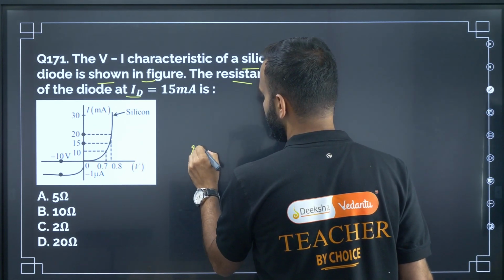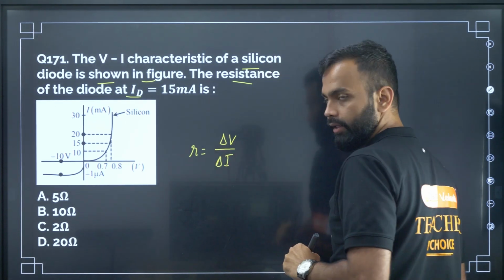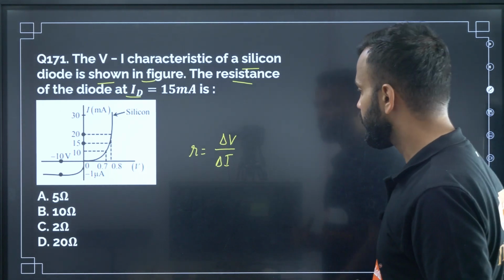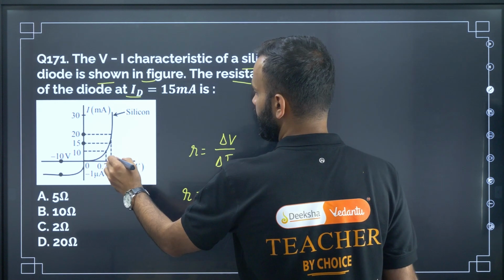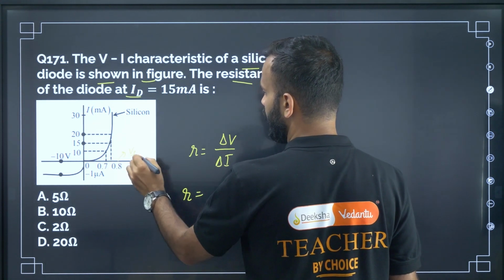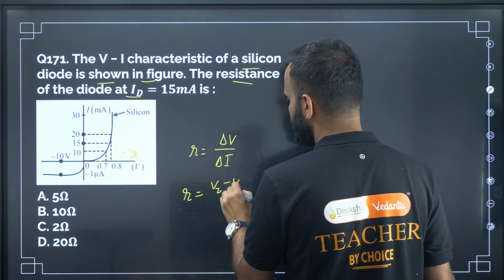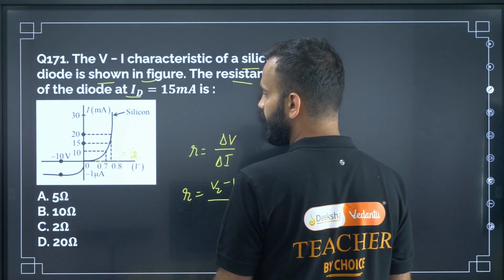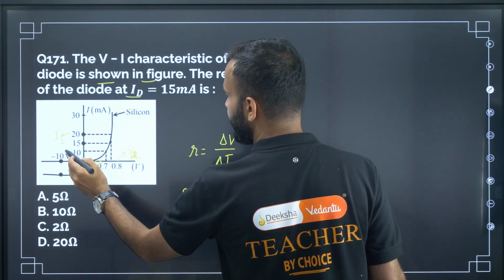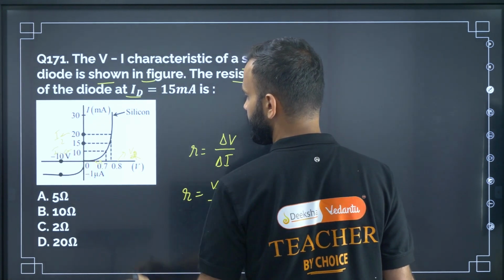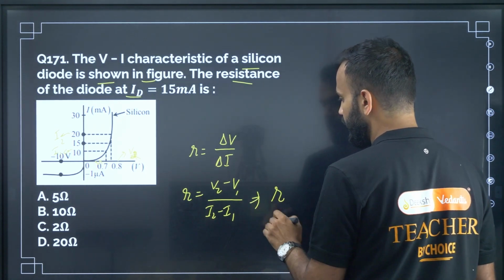So the resistance of the diode R equals delta V divided by delta I. Now R is equal to delta V, that is V2 minus V1, divided by delta I, that is I2 minus I1.